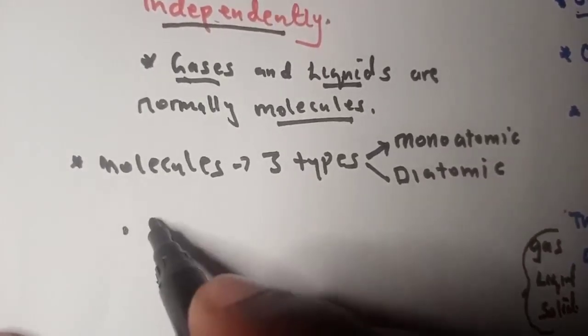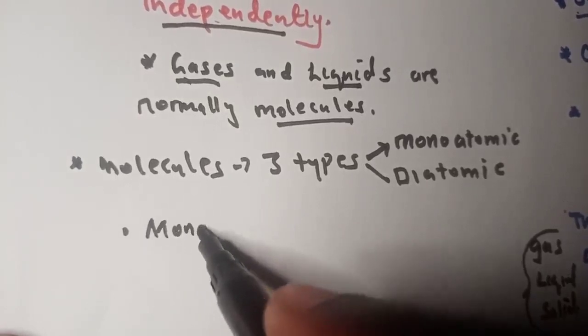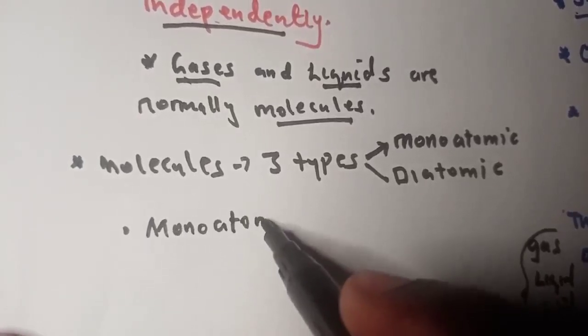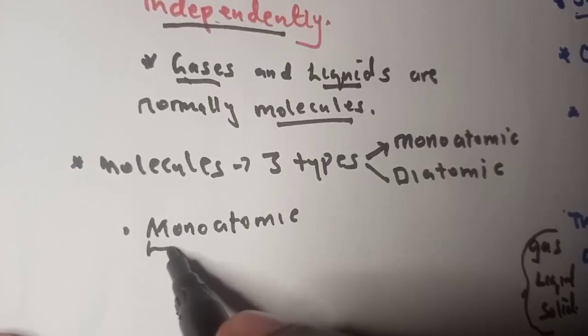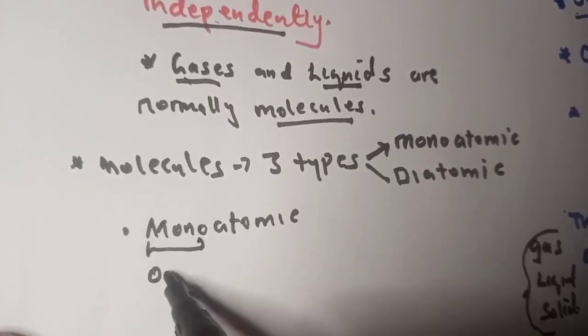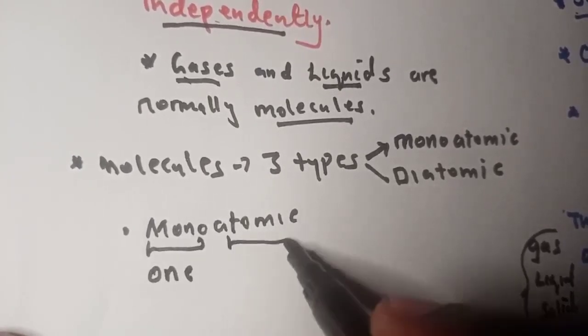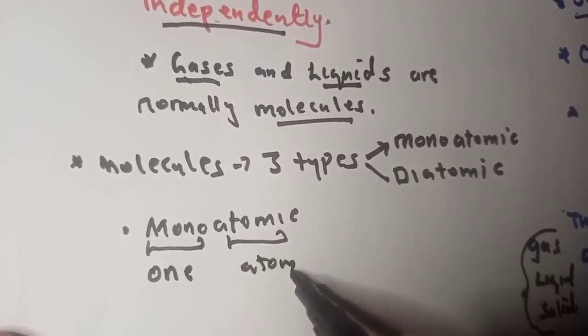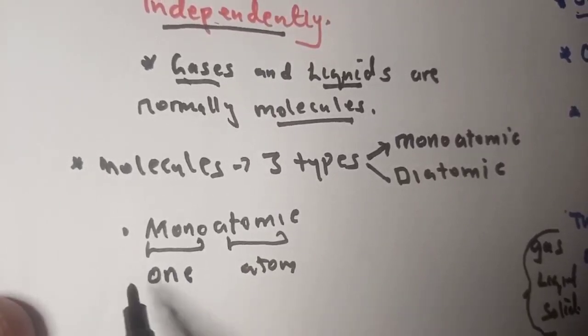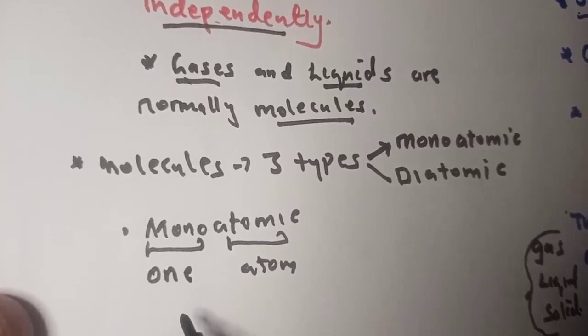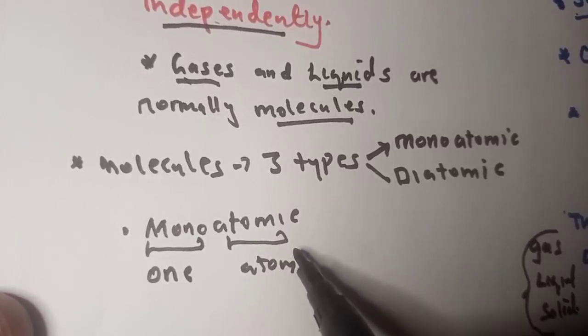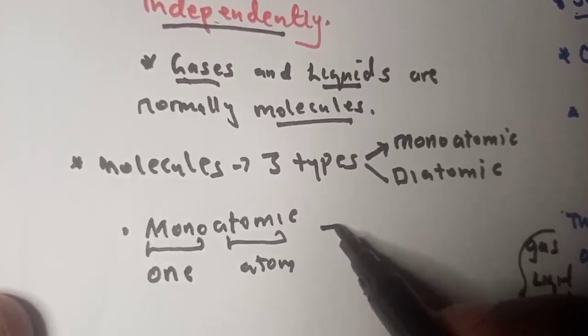Let's start with monoatomic. The word mono simply means one. Atomic simply means atom. So when I say monoatomic, I mean these are molecules that consist of the same element, single atoms, one atom.